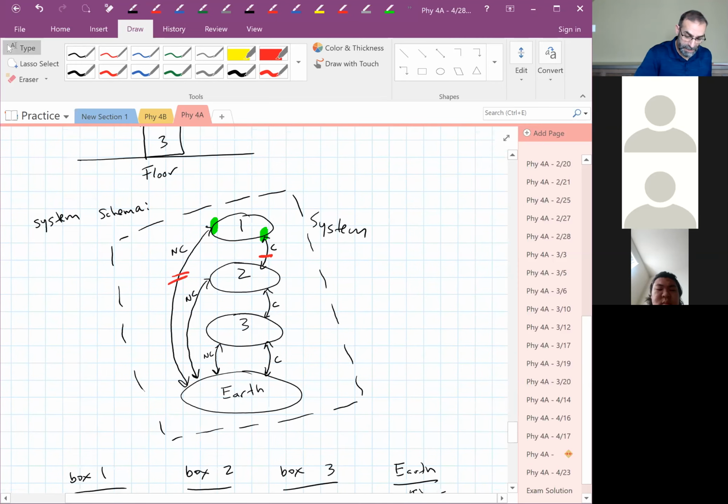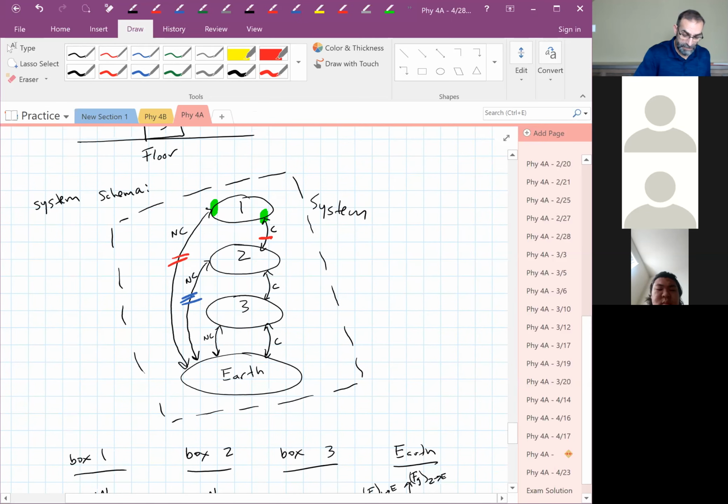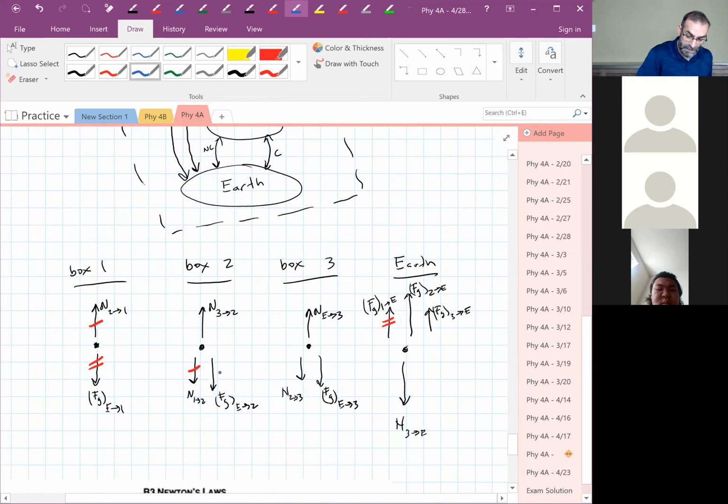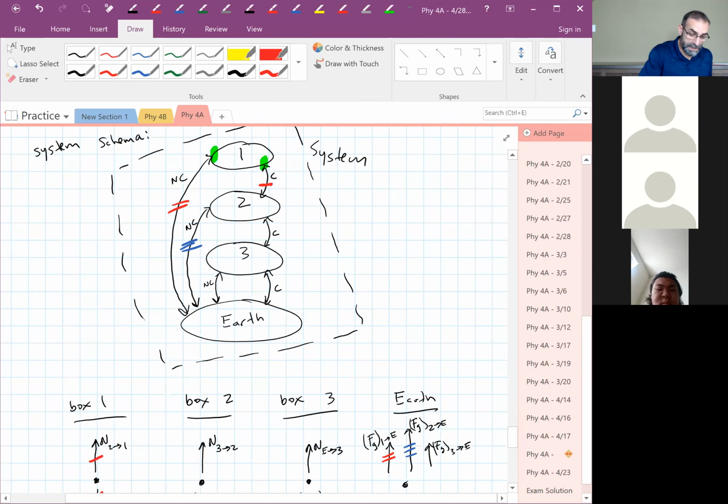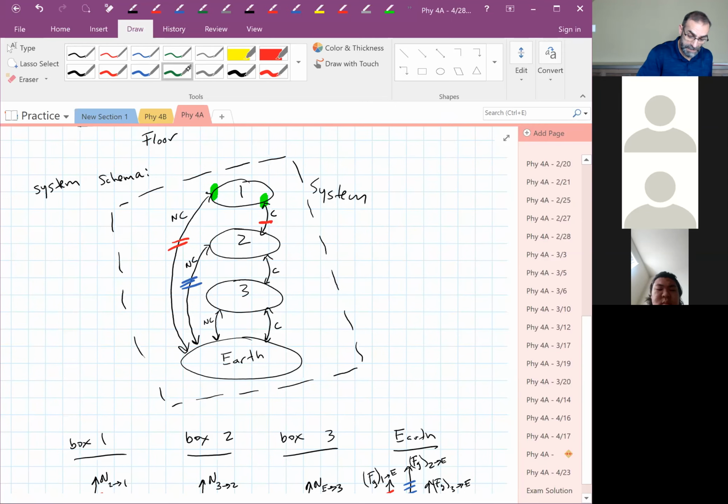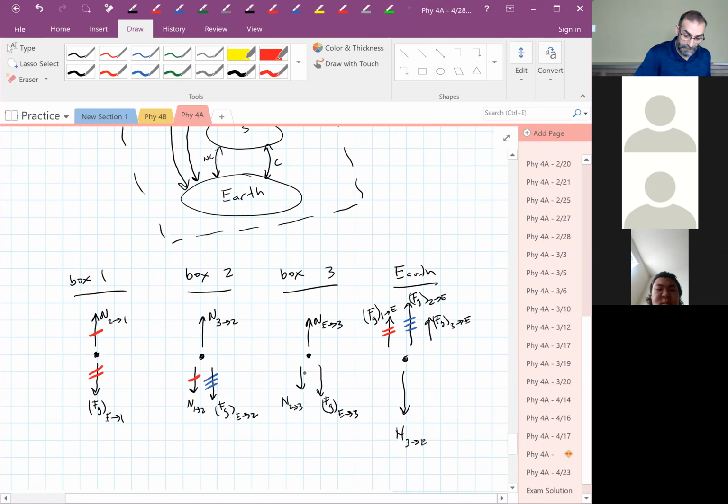I'll use 3 lines now. That's going to be a Newton's pair between 2 and the Earth, right? The force of gravity and the force of gravity. And then I'll use 4 lines for this one. That's 2 and 3 interacting with each other. Right, those are interacting.